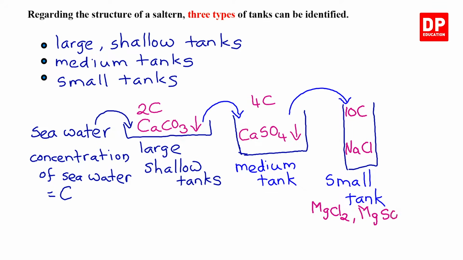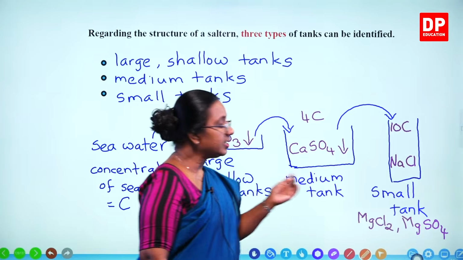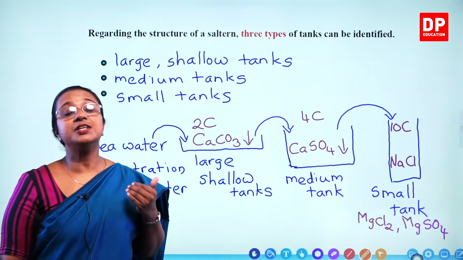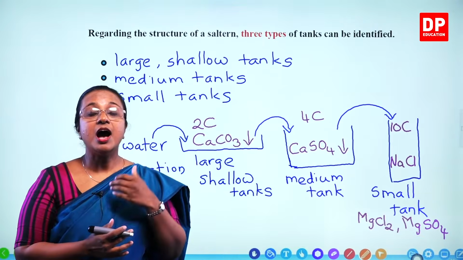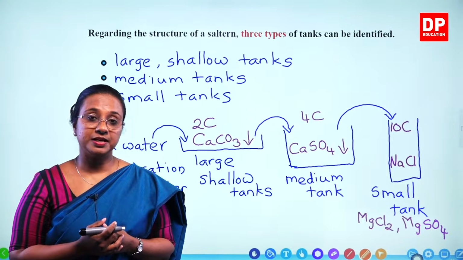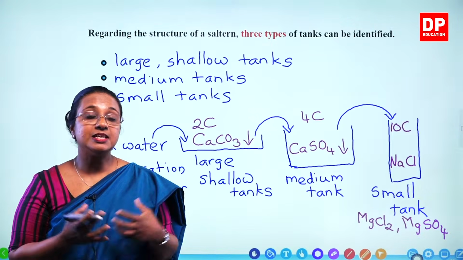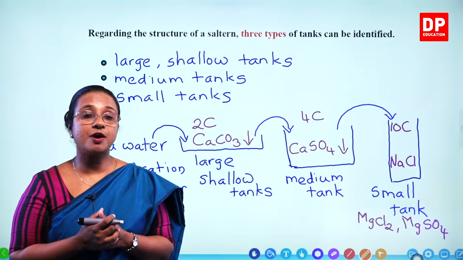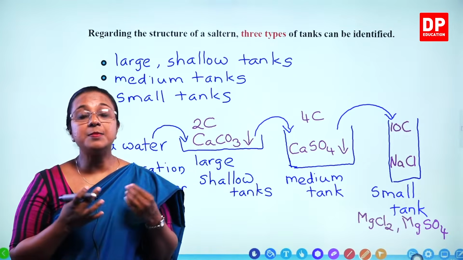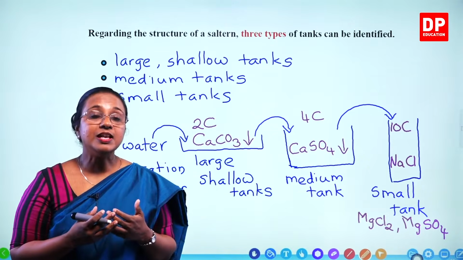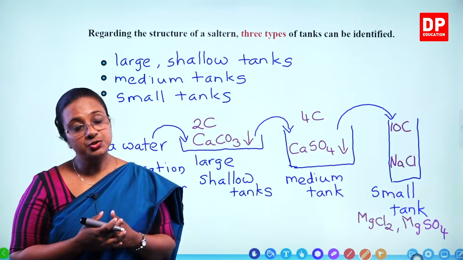Now, these 2 can reduce the quality of salt because they have hygroscopic property. They have the tendency to absorb moisture from the environment, and also they can become watery. That will reduce the quality of salt.